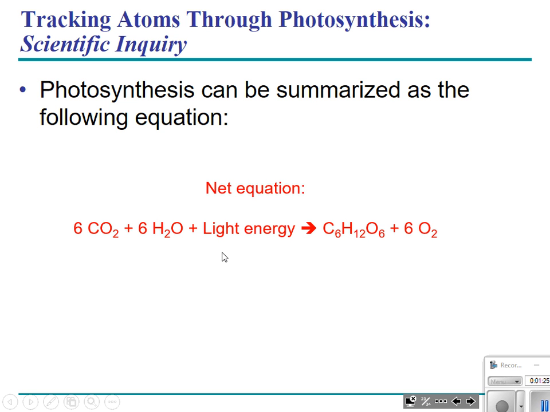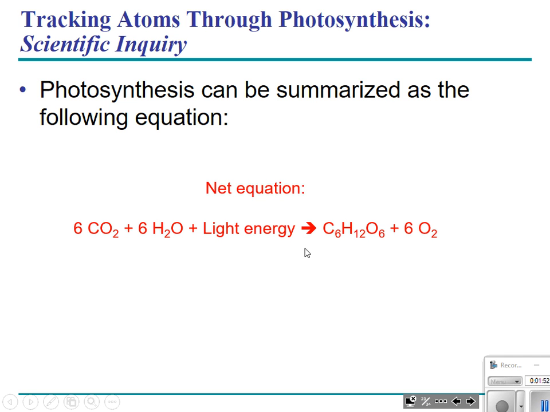We need light from the sun for photosynthesis to occur. Actually, I guess it doesn't have to be from the sun. We can grow things inside if we have some kind of a lamp to give the light. Okay? So it doesn't necessarily have to come from the sun. But in most plants outside, we have light energy from the sun.